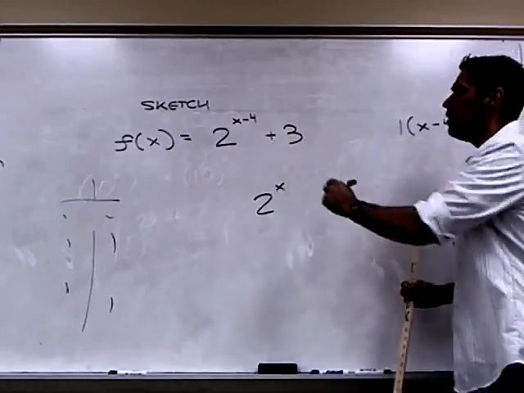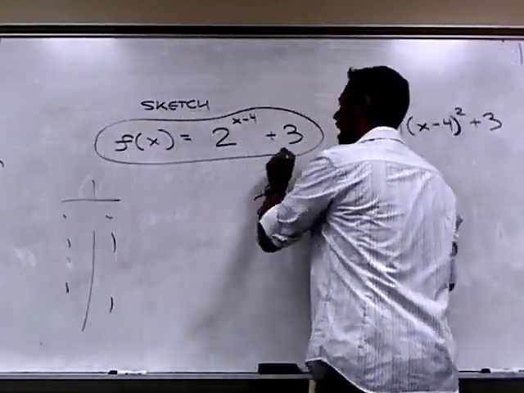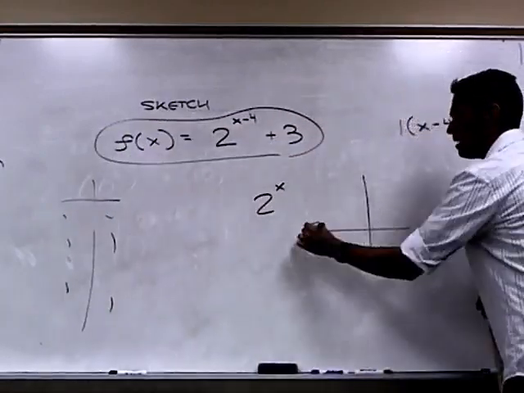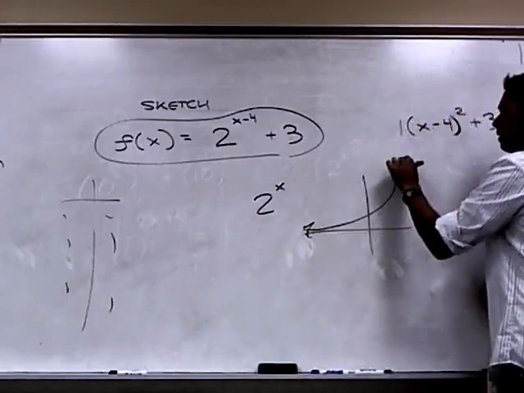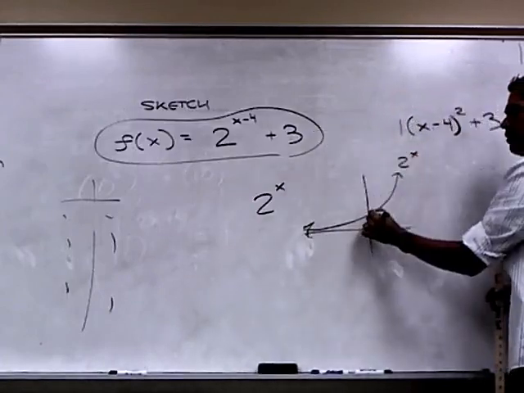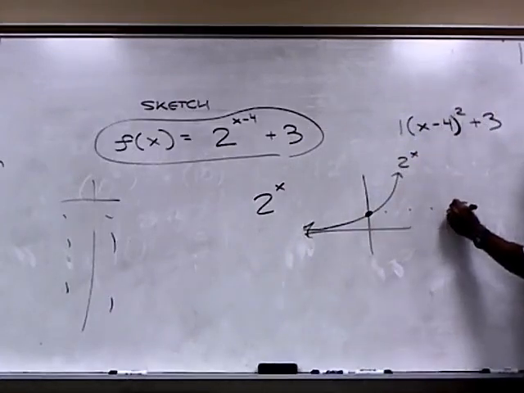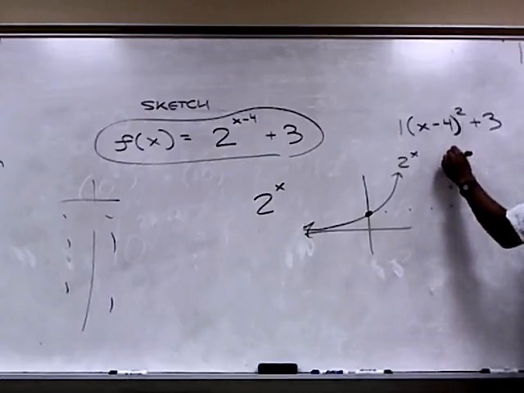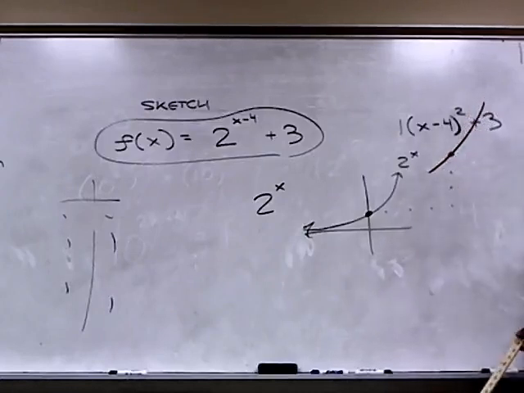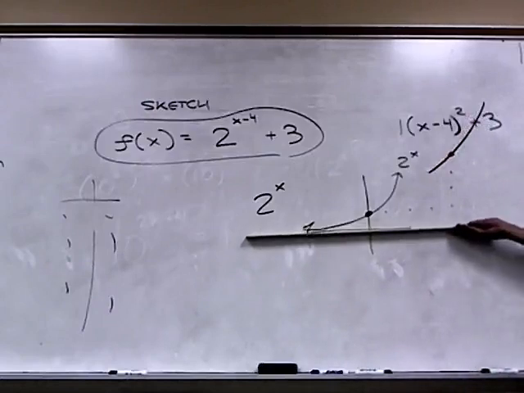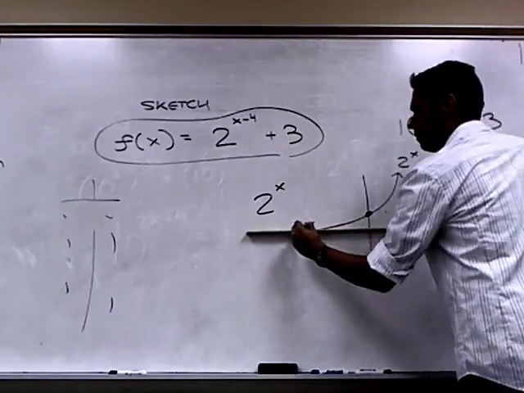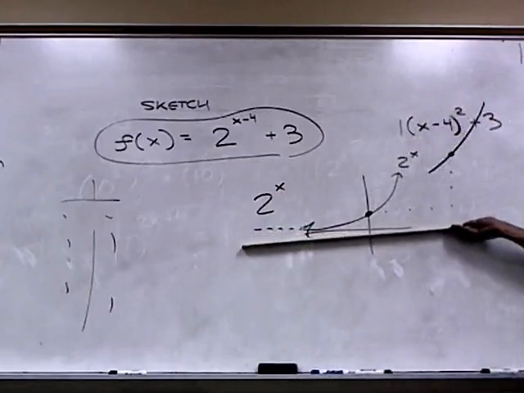So all this is the graph that you already know. You know 2 to the x looks like this. To graph that, you move the whole thing to the right 4, so just take this point, 1, 2, 3, 4, and then move it up 3, 1, 2, 3, and then you draw it again, wouldn't you? Like this? Okay, what about this horizontal asymptote that was here? What's going to happen to it?